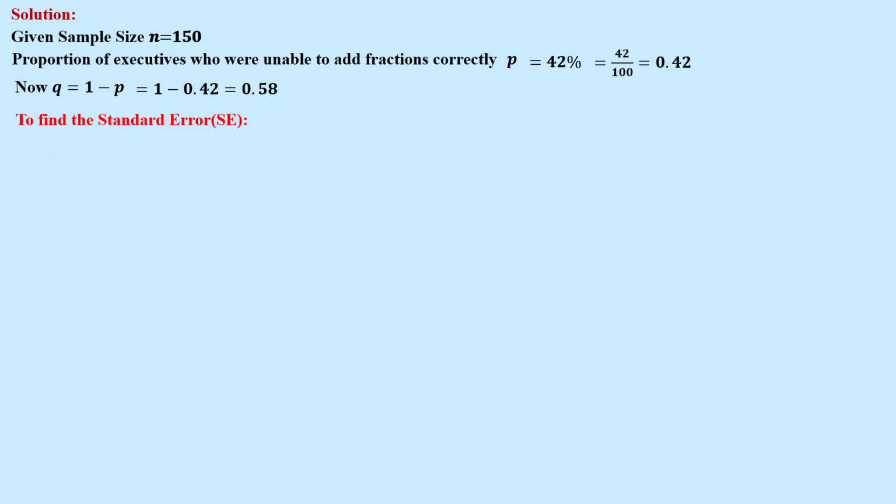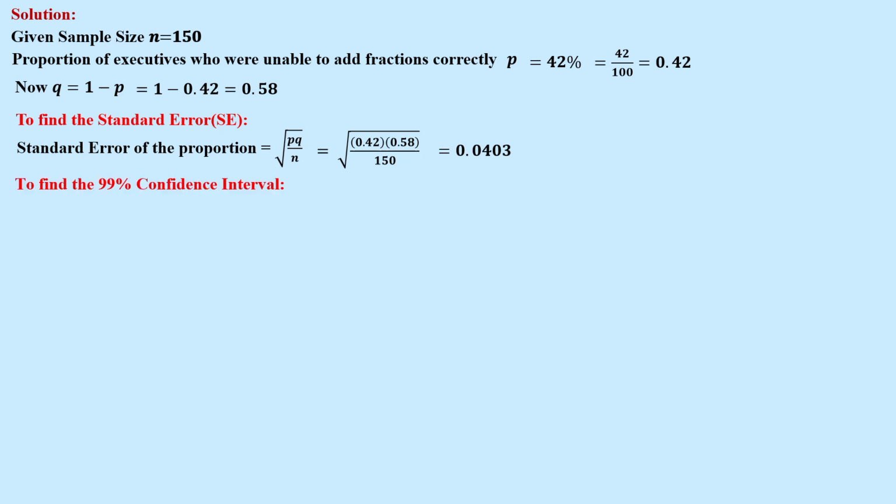To find the standard error for the proportion, the formula is root of PQ by N. Substituting, root of 0.42 into 0.58 by 150, we get 0.0403.